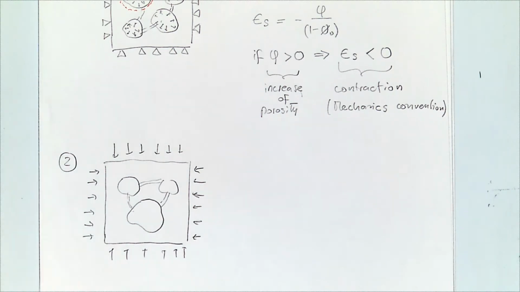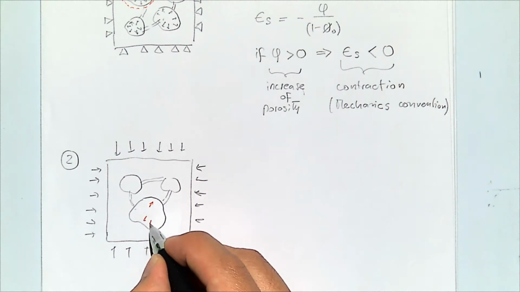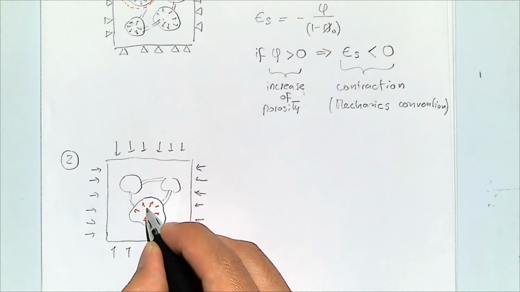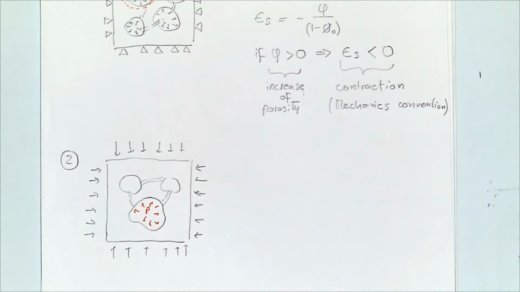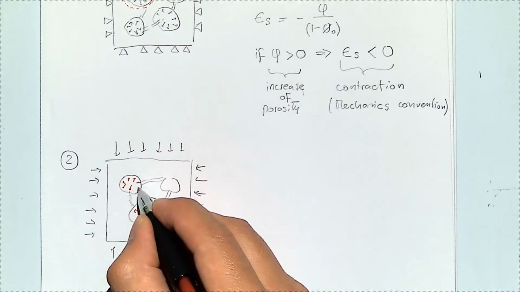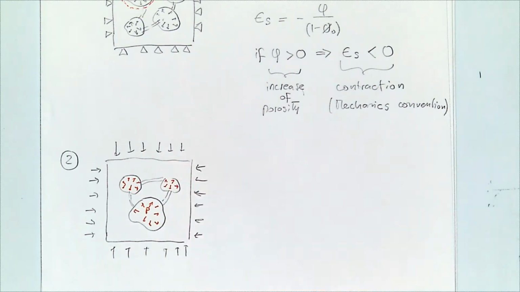Okay, so we apply stress on the boundaries, but then we're also going to increase the pressure simultaneously as we apply that stress. Let's say that I don't have any pressure inside the pores. When I apply stress outside, what's going to happen to the pores?